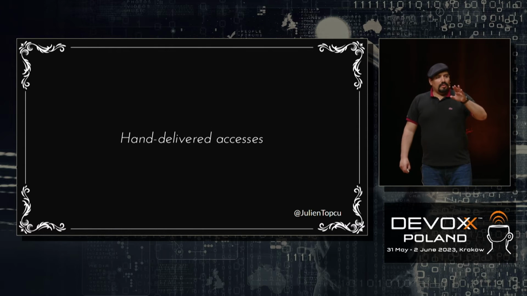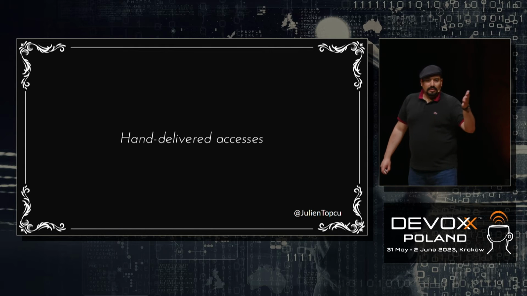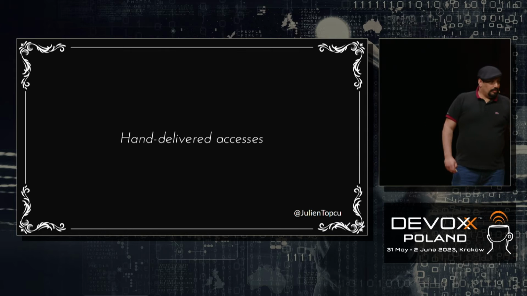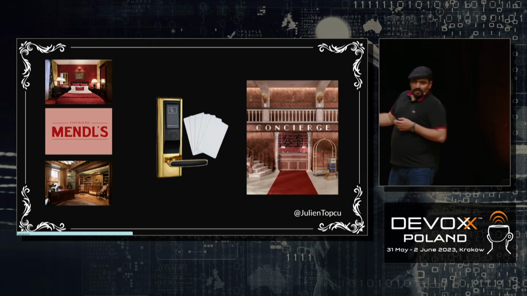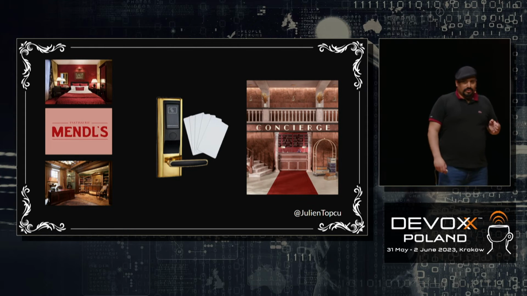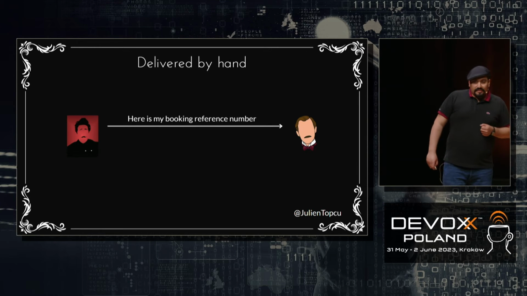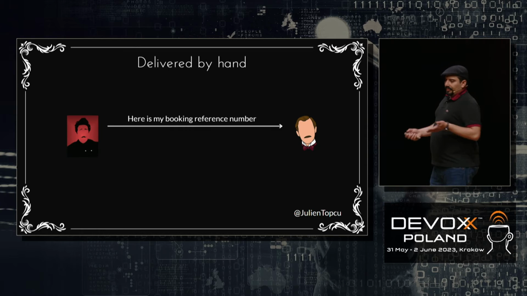You will see this is a process you already know if you have already checked inside a hotel, for example. So let's get rid of that code lock and replace it with a card lock, OK? And now, the guests, they have to go to the receptionist with their booking reference number.